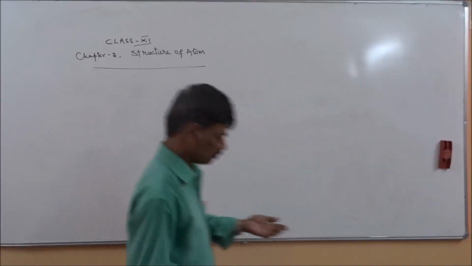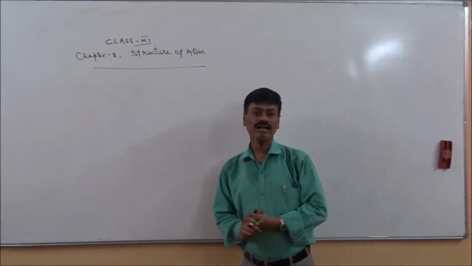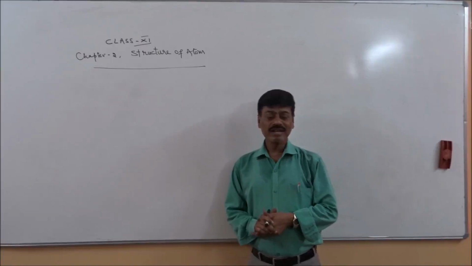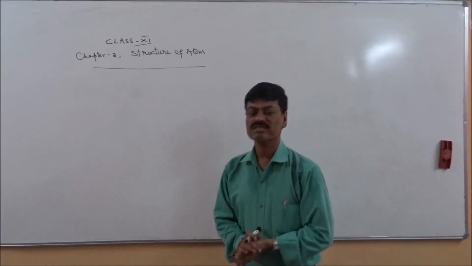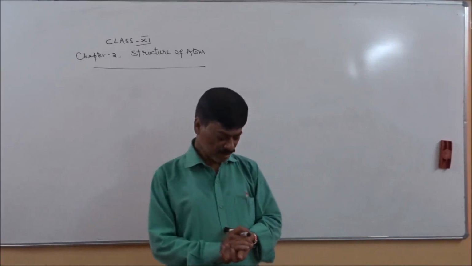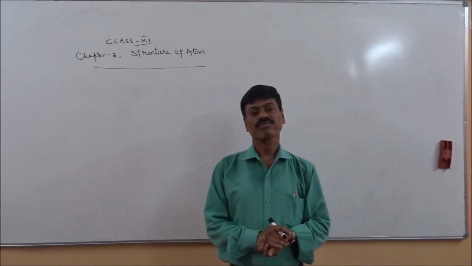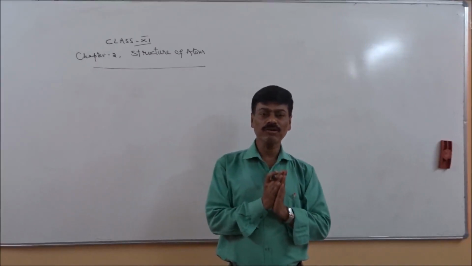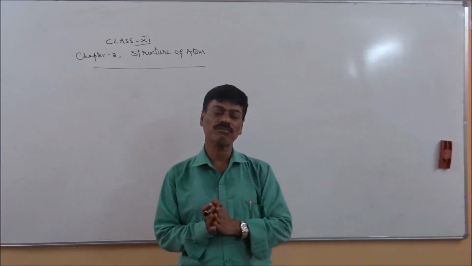That is, using S, P, D and F notations, describe the following. This is one of the NCERT questions. In that, N value, L value. N value means principal quantum number.